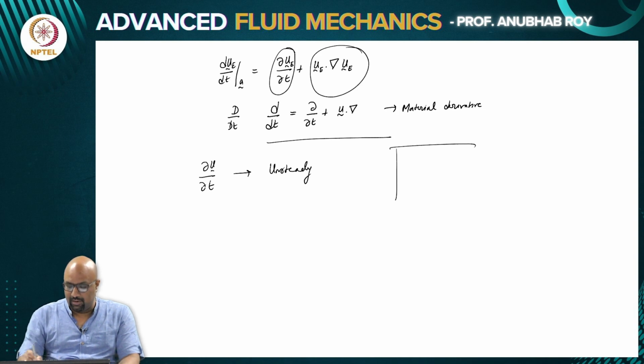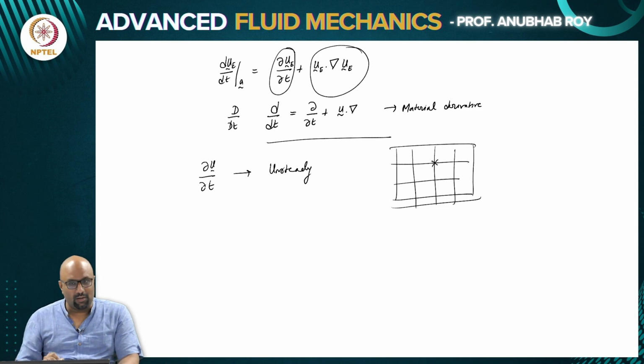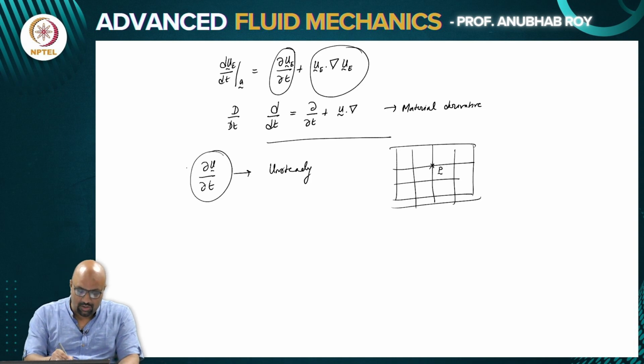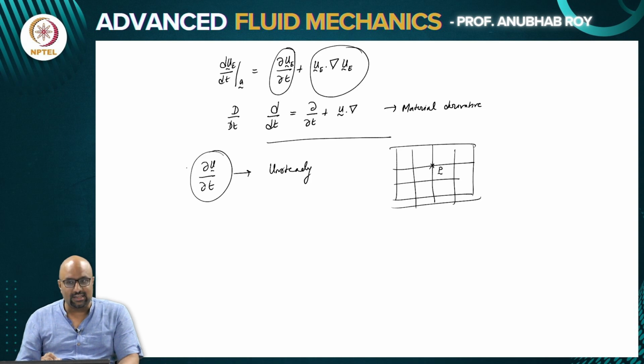If you again draw a grid in space, and let's mark a particular point in space, at this particular point, if you were to make measurements of, let's say, velocity, at that fixed location, I'll call this location point P. At that particular point P, if I make measurements of velocity, if the velocity was continuously changing with time, then I would have a non-zero contribution from this term. So that's an unsteady component of the acceleration.